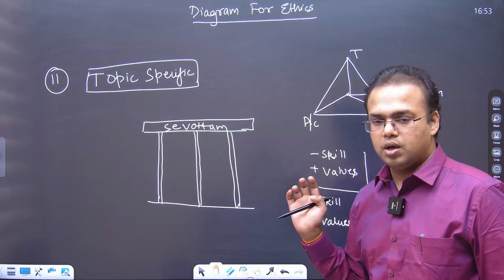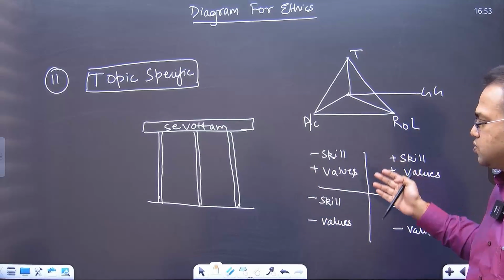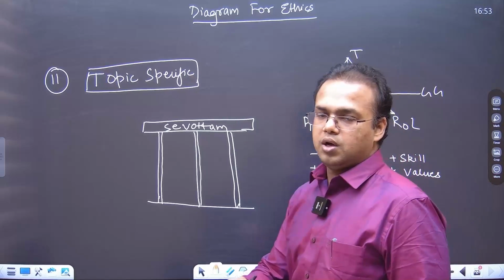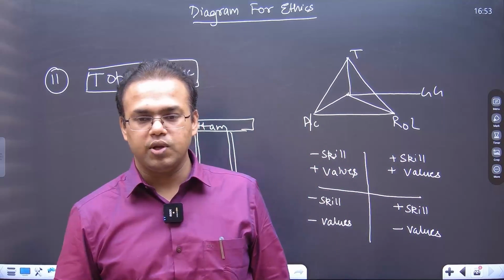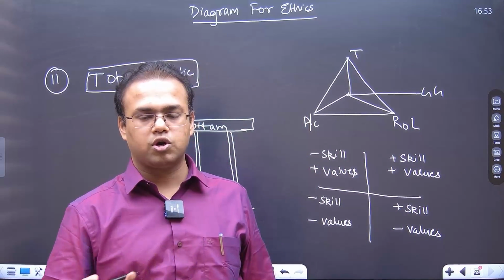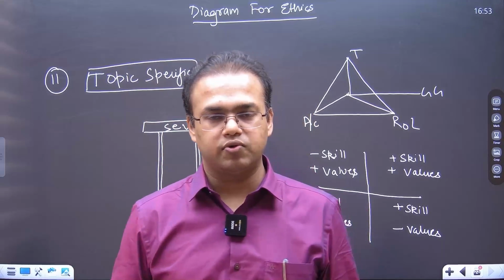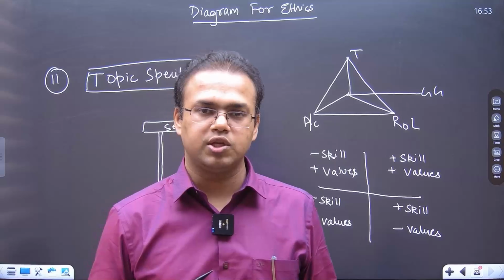And lastly, a holistic competence versus professional competence diagram, wherein you can represent the variation or dilemma between skill versus values as four quadrants. So these are the different 11 types of diagrams which can be drawn in ethics paper.